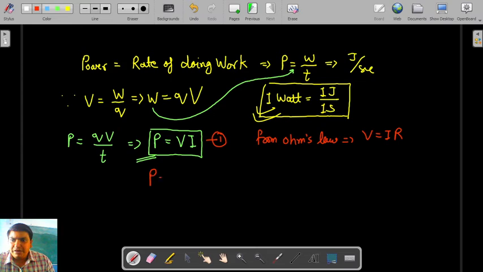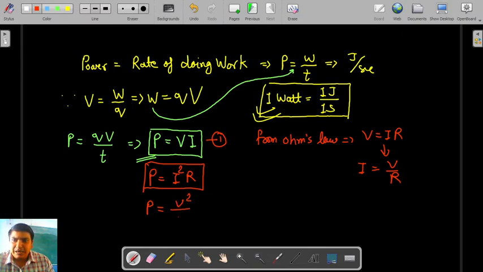Then we get the power value P equals I square R. But again, from here we can convert this to I equals V upon R. Using this value in the equation, we get I square, that is V square upon R square, into R. So 1 R and 1 R get cancelled, and we get one more equation of power: P equals V square upon R.